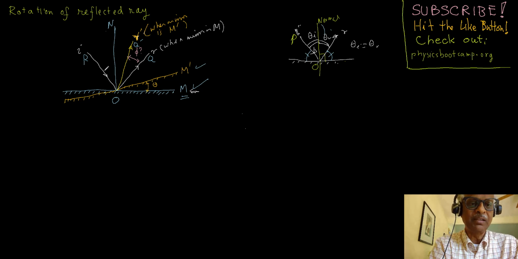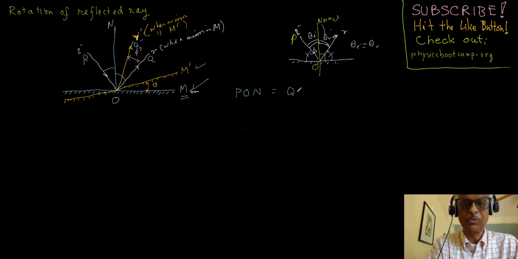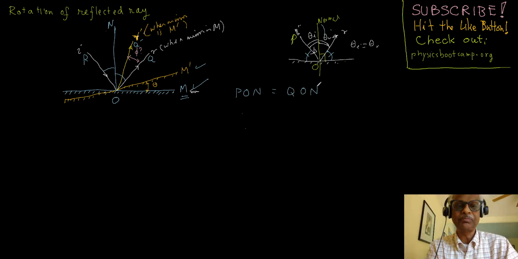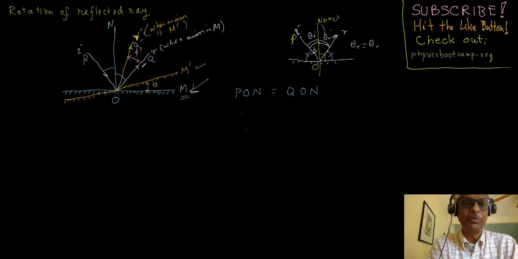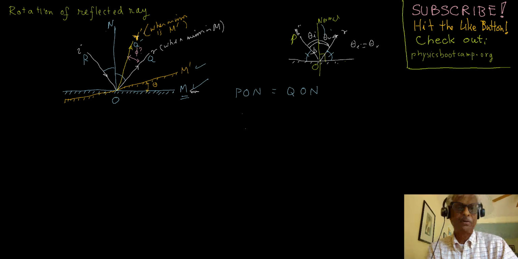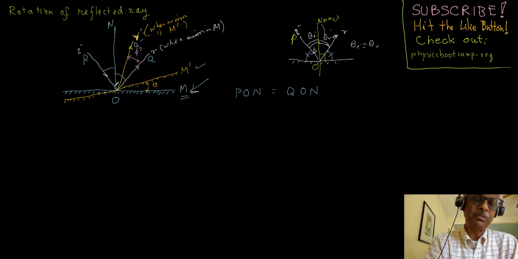So this angle is equal to this angle, so angle PON equals angle QON. That's from the original position. In this other position, the normal will be like that, so that will be 90 degrees.